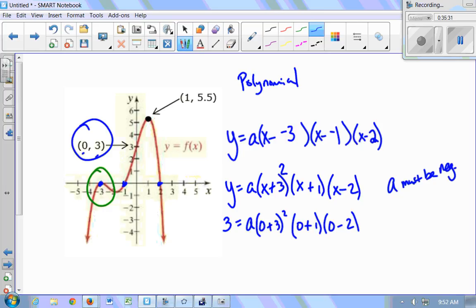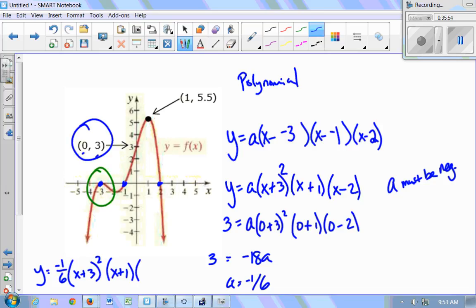So this is 3 squared is 9, times 1 is 9, times negative 2 is negative 18a equals 3. And so a has to be negative 1/6. So that's going to be your final equation. Y equals negative 1/6 times x plus 3 squared times x plus 1 times x minus 2.